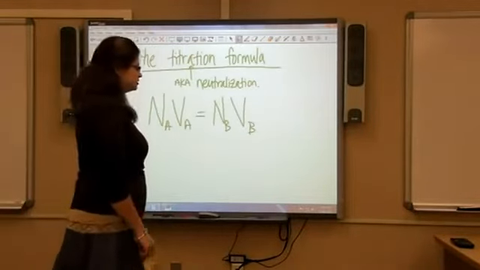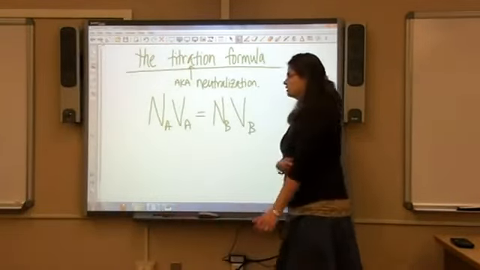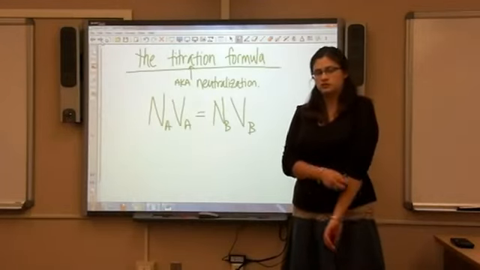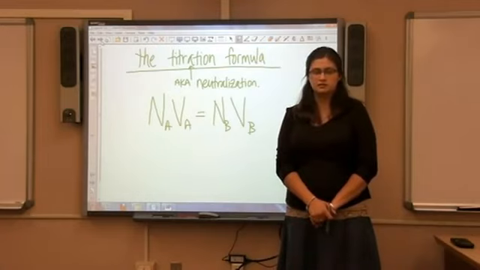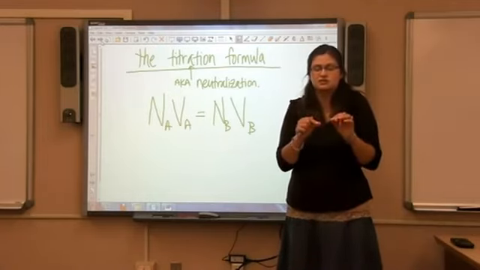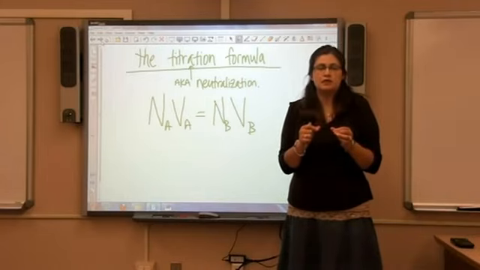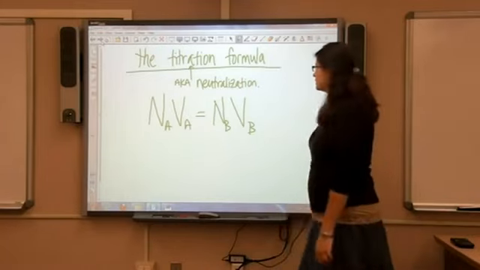Okay, so why do we need to know how to calculate normality? This is what's called the titration formula. All the titration formula is telling you is at what point your acid and your base will neutralize so that your solution is exactly at 7.0 pH.